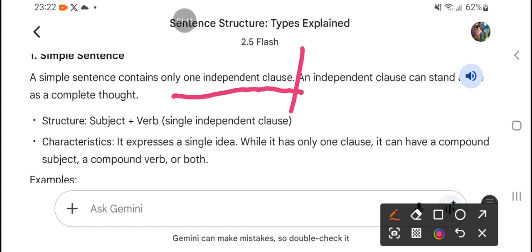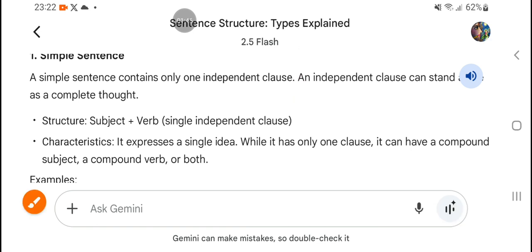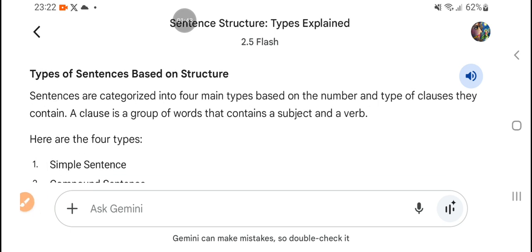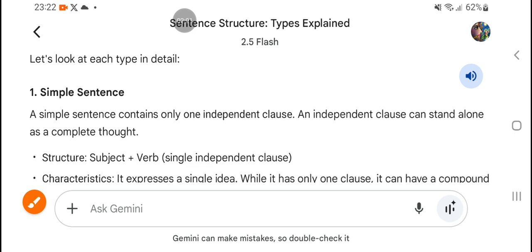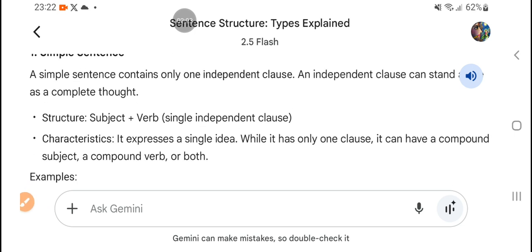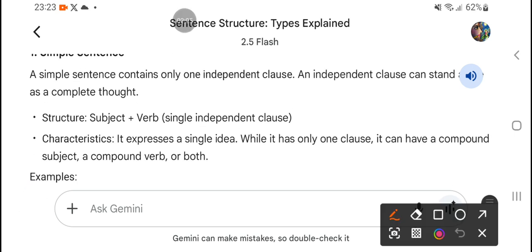Again let me revise: these four types of sentences are based on the number and type of clause. Please take care. So the first, the simple sentence, contains only one independent clause.